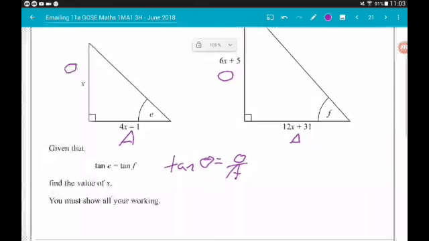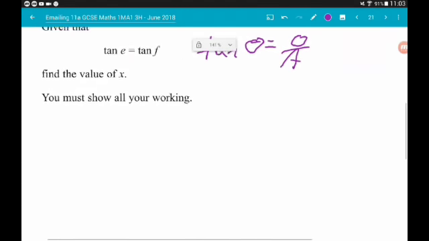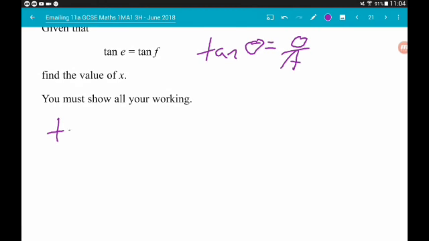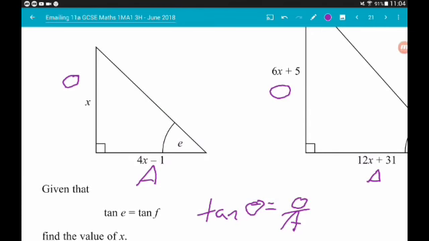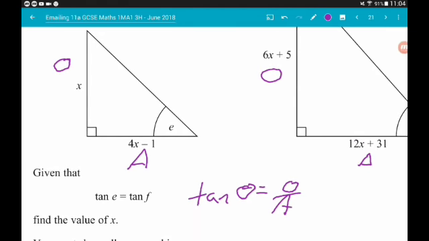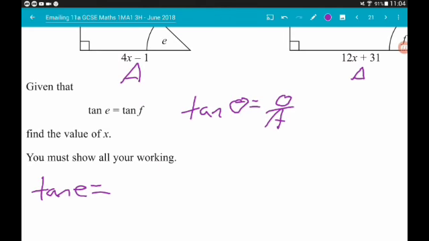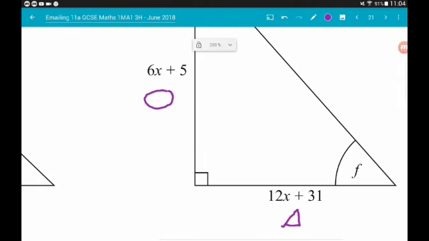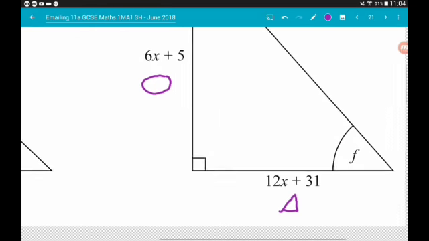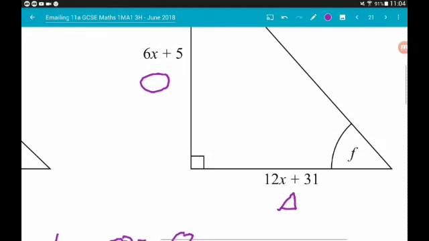So tan of E is equal to x over 4x minus 1. And tan of F is equal to 6x plus 5 over 12x add 31.